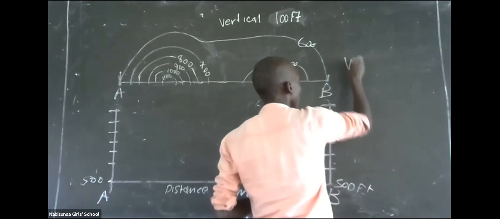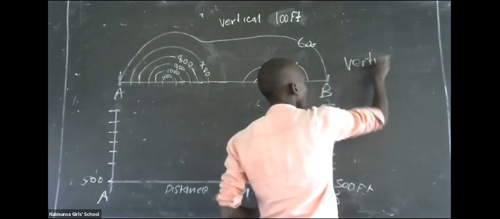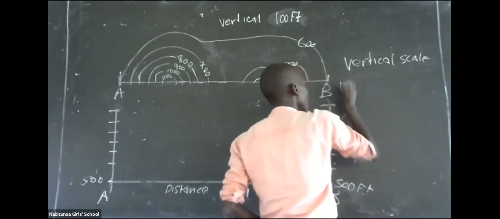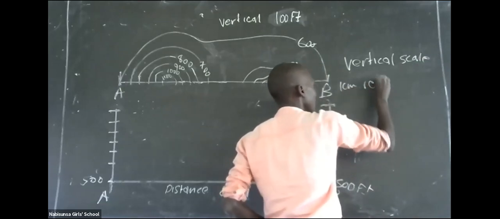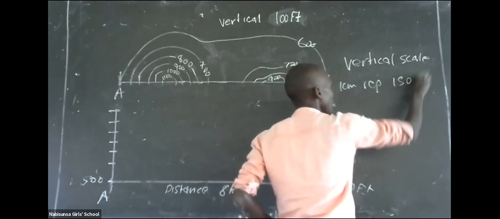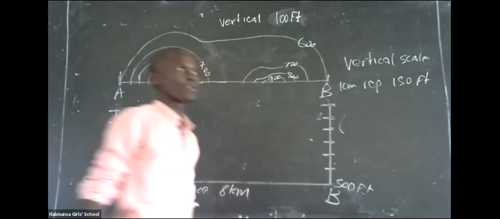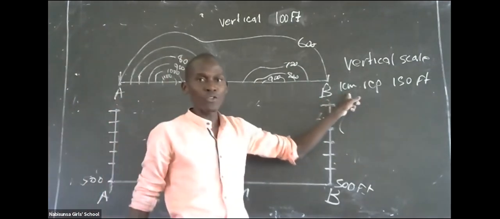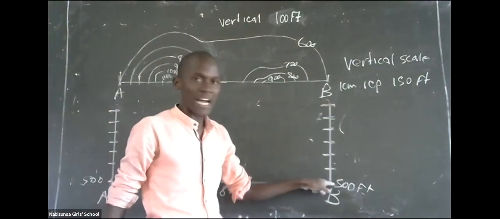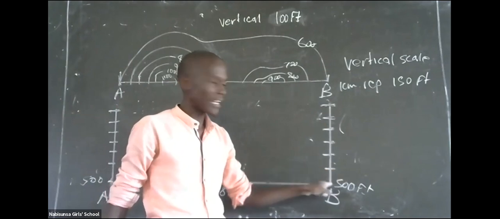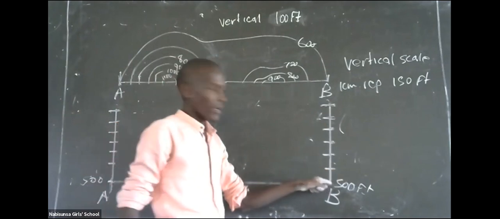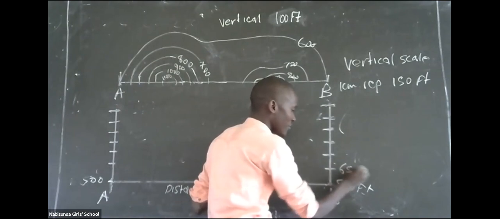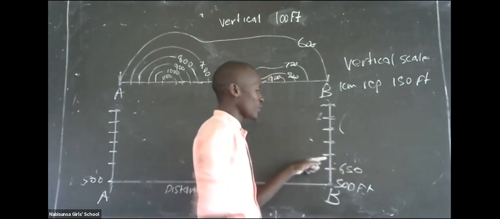Our vertical scale is going to be 1 centimeter representing 150 feet. That's what we are going to use. Now, this answer we have got, let us add it on this number. We are getting 650. The next one is going to be what?